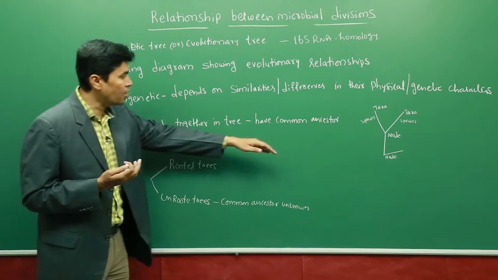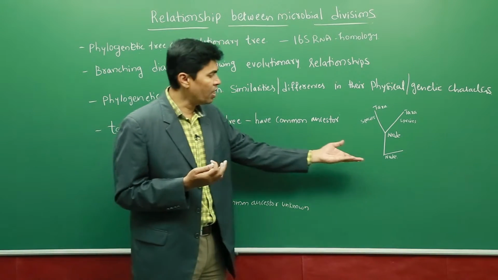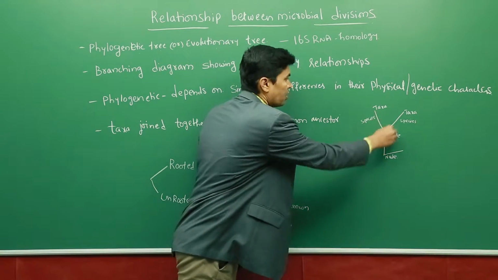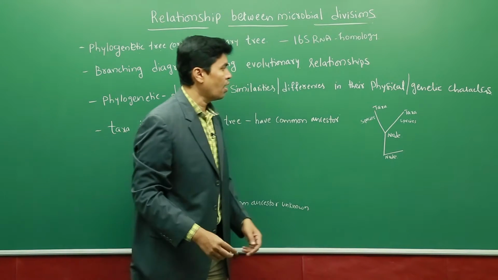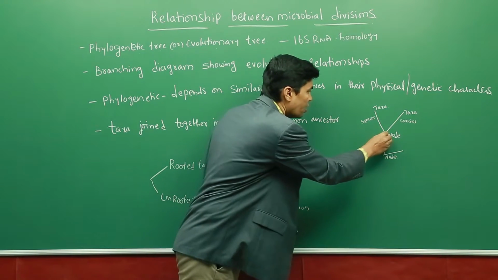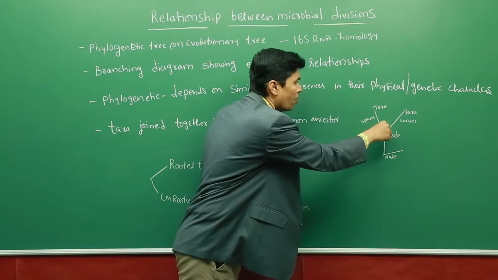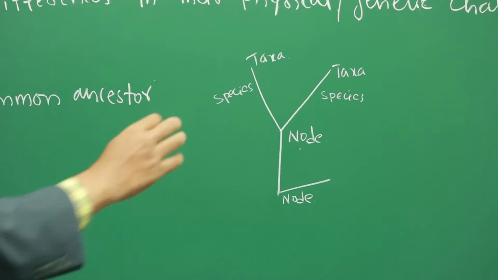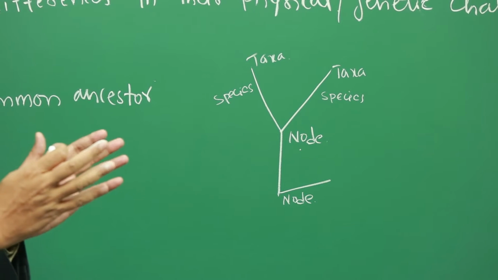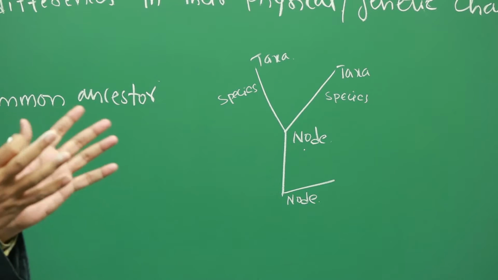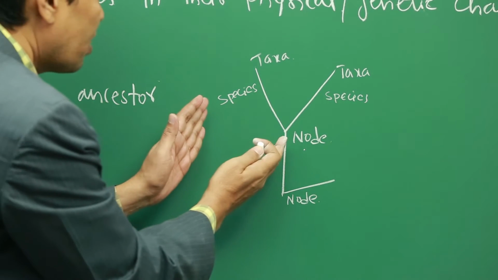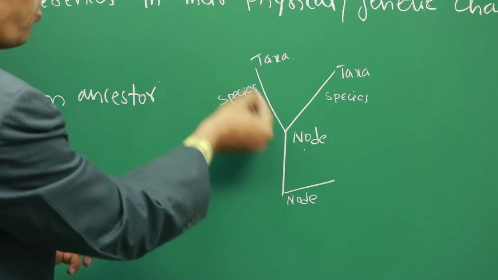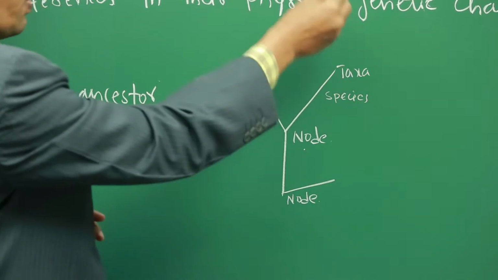Now the taxa are joined together in a tree which have common ancestors. Now you can see here in this diagram, this is a simple diagram. These are the branches. You can see a simple branch and a common point from which the branches have emerged. This common point is called a node, and based on some differences in their 16S homology, branching starts from here. Maybe this is one species and this is the other species.